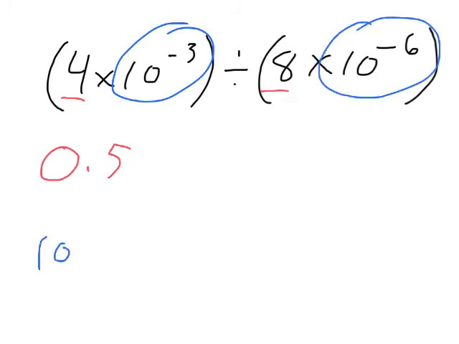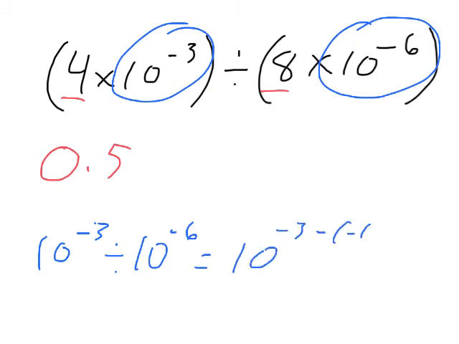So I ask myself, 10 to the negative 3 divided by 10 to the negative 6th, that's like saying 10 to the negative 3 minus negative 6. Negative 3 minus negative 6 is positive 3. So I will write this as 0.5 times 10 to the 3rd power.